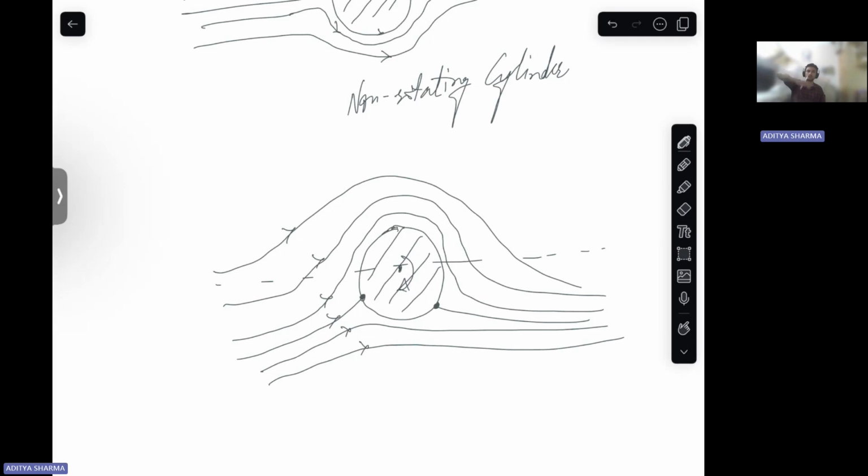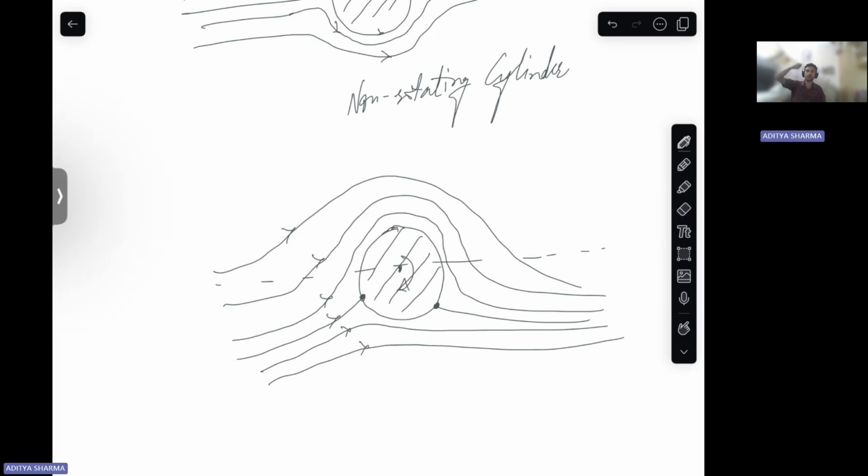So there was no net force, okay, perpendicular to this axis or perpendicular to the flow. But when the cylinder starts rotating, it gives rise to circulation, okay. And because of this circulation, there are velocity differences on the upper side and downside of your cylinder.